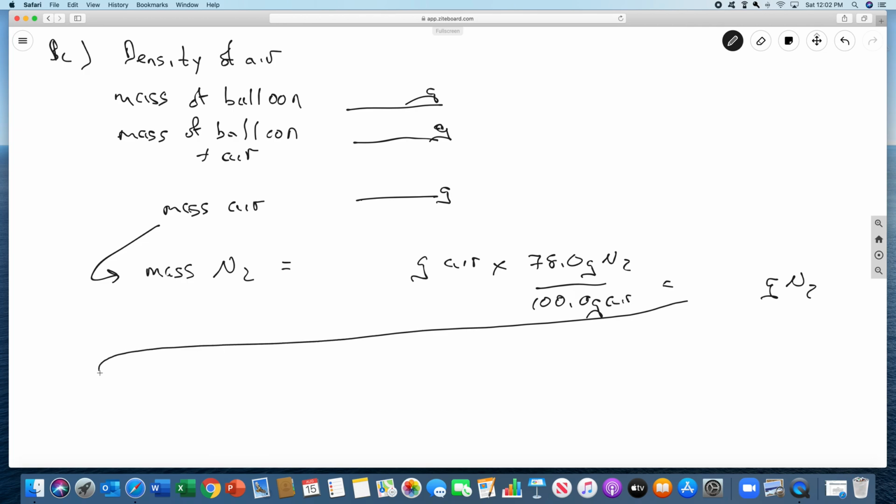And you're going to take the grams of nitrogen and you're going to convert it to moles of nitrogen. It's N2. All right, and then you're going to go through and do the same thing for argon, carbon dioxide, oxygen. Then you're going to get the total moles. All right, so from here I'm going to hit pause.